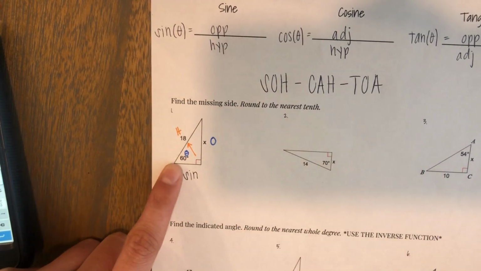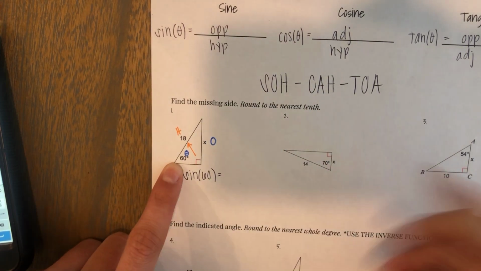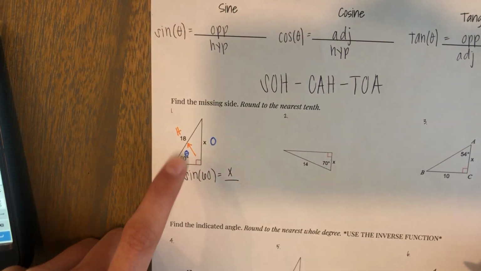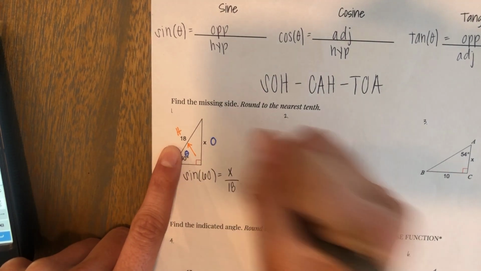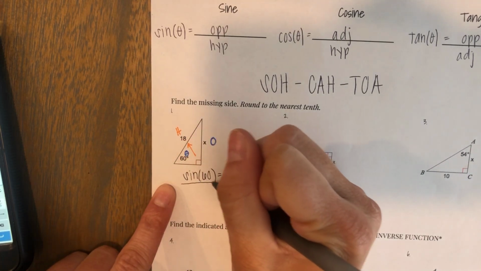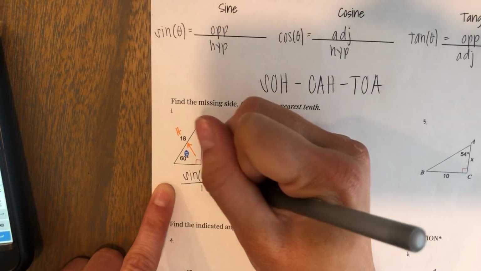So sine, our theta is 60. And then opposite, which is x in this case, over hypotenuse, which is 18. And now to solve for x, all you have to do is put this over 1, and then you cross multiply.